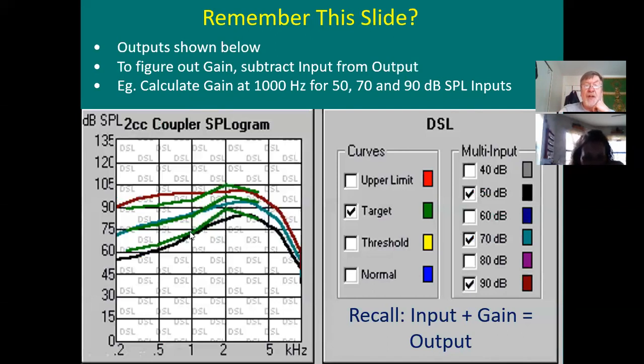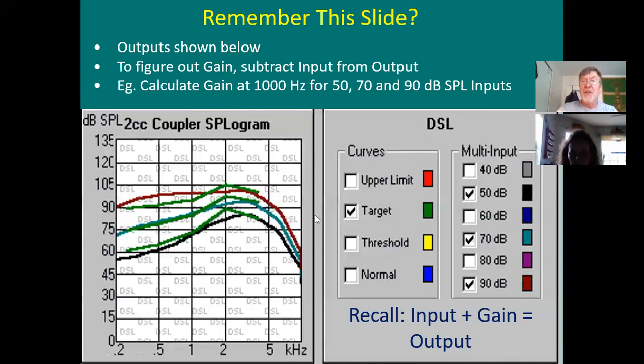At 1,000 hertz, let's pretend this green is right at 75, just for sake of illustration. So if my target output is 75 and my input is 50, what's my gain? 25. So you can see that the gain here, where my cursor is, is 25, the gain here is 15, and the gain here is 5. Less and less gain as my inputs go up.